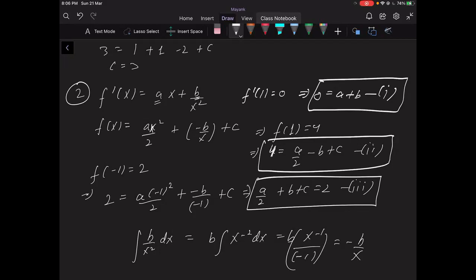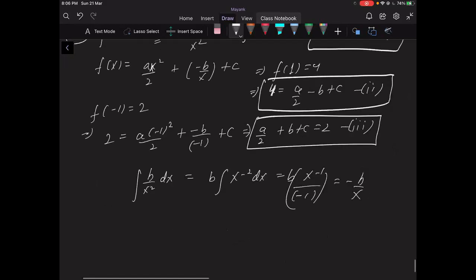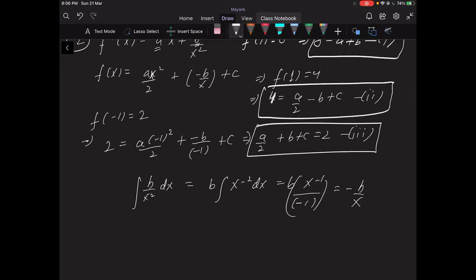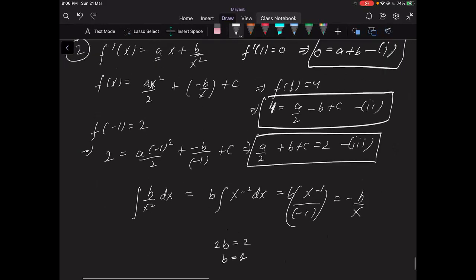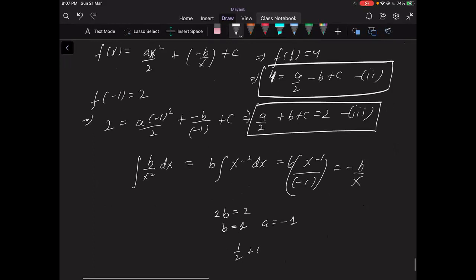Let's see. Is this correct? I think it's the other way around.